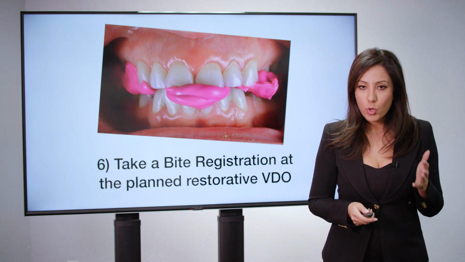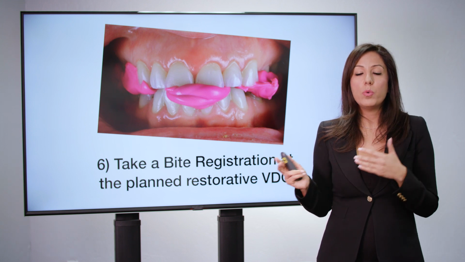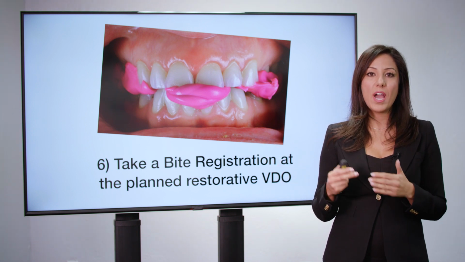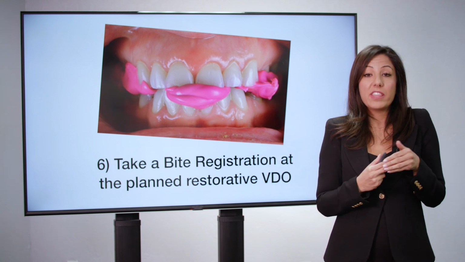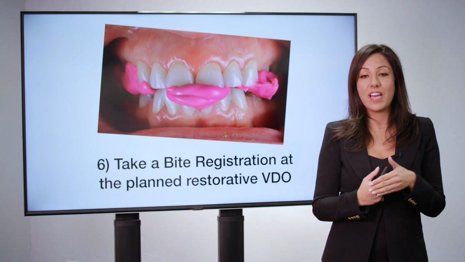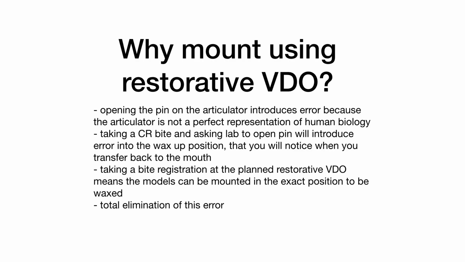And now a common question that I get is, why would you even want to do this? Why do you want a bite registration at the open video that you're at and not just at the patient's original starting position? Why would we want to mount using the restorative video? Research shows us that opening the pin on an articulator actually introduces errors. The reason for that is when we open the pin on an articulator, we're doing this on a machine.